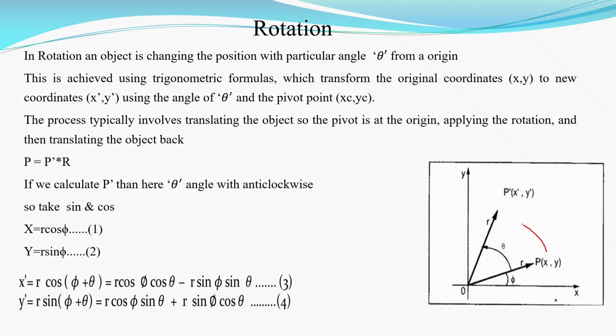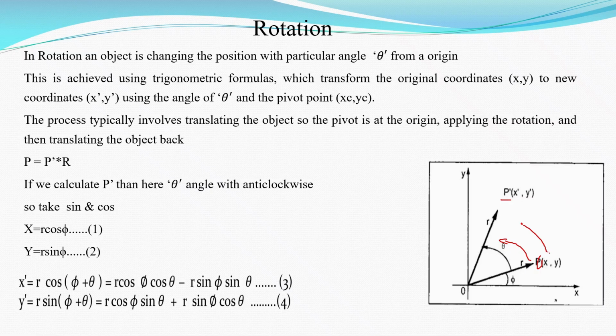So before we transfer from this P to P dash, it will travel through an angle. It involves an angle.